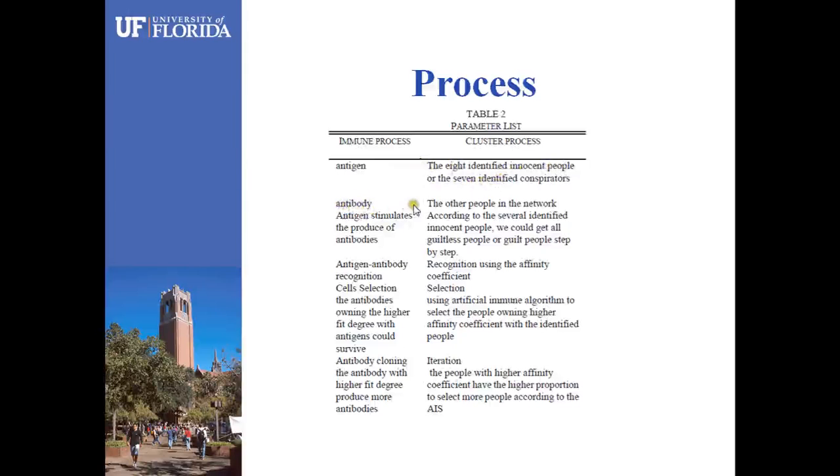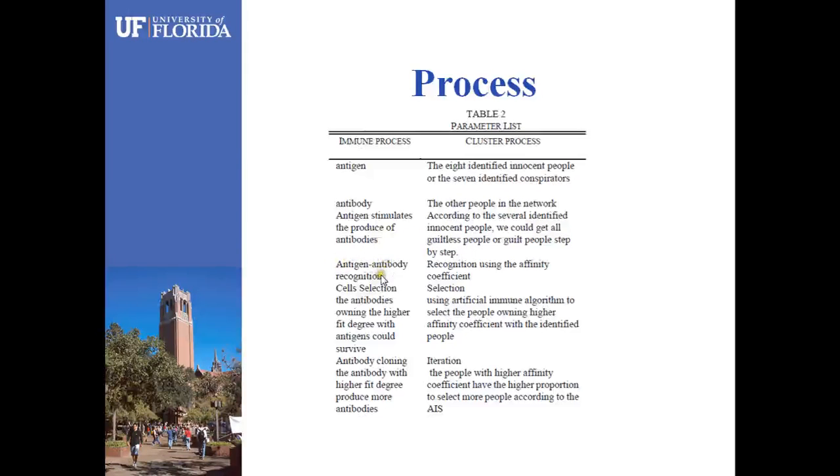The antibody will represent the other people in the network. Antigen stimulates the procedure of the antibodies. It will be represented according to the several identified innocent people. We could get all guiltless people or guilty people step by step. In our case, we will get the innocent people.